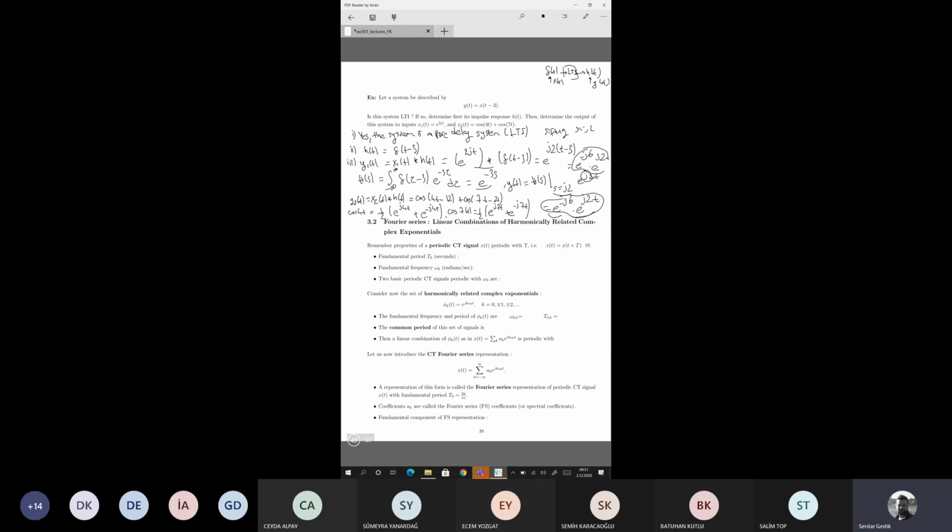So these are actually my inputs. The input is a linear combination of e to the power j4t, e to the power minus j4t, e to the power j7t, and e to the power minus j7t. So my input is a linear combination of those signals. So let's continue from the top. I know that the output is also a linear combination of those inputs, but with scaled versions.